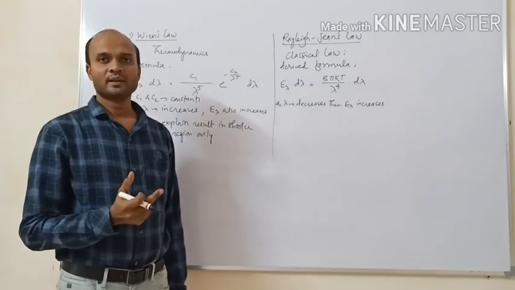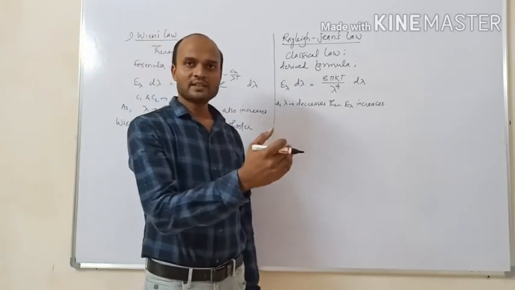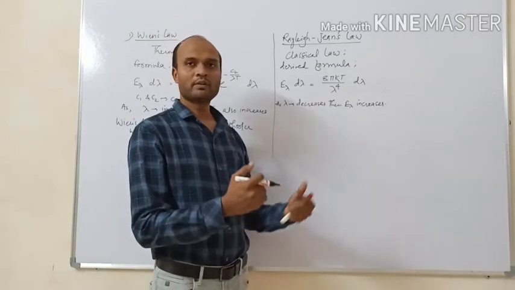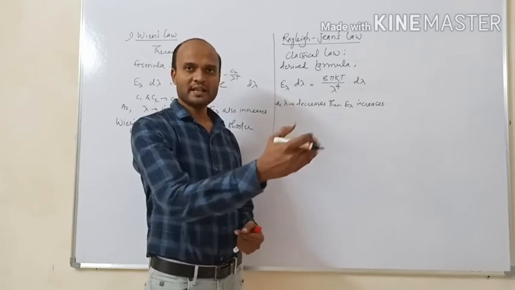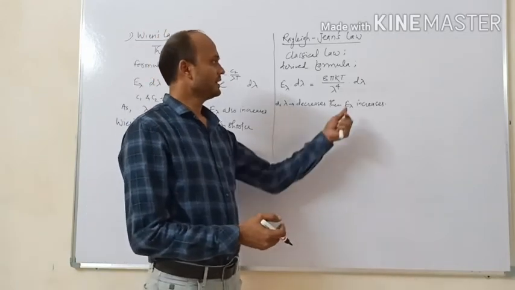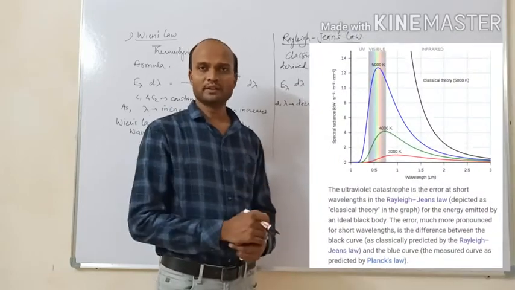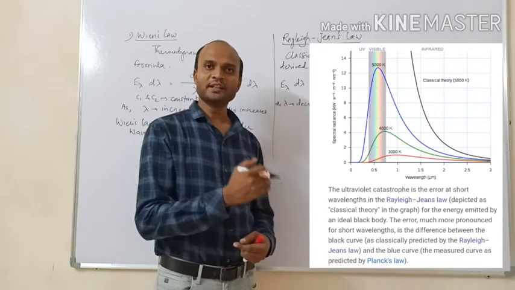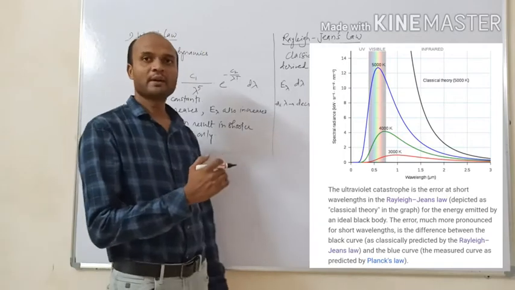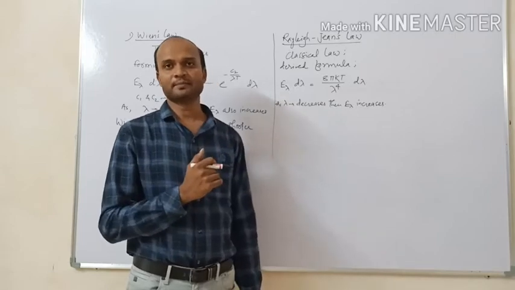Again, from the black body radiation spectrum it is clear that as the wavelength is longer, the emissive power will be smaller. As wavelength decreases from the longer wavelength side, E lambda increases, but it is true only up to a certain wavelength. If we further decrease the wavelength, then emissive power E lambda goes on decreasing. It does not increase continuously.